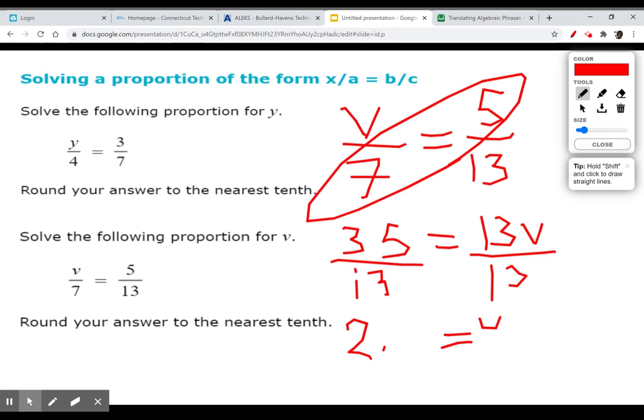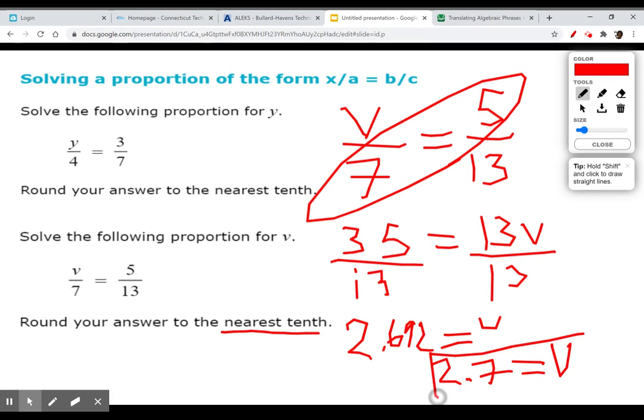It's close to 3 though. We get 2.692. And rounded to the nearest tenth. Oh, last time I rounded to the nearest hundredth, didn't I? This is supposed to be rounded to the nearest tenth. So rounded to the nearest tenth, v is going to equal 2.7.